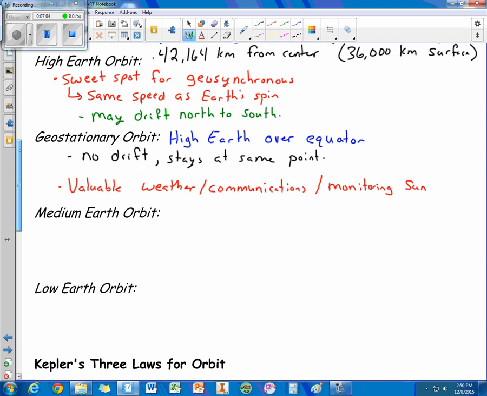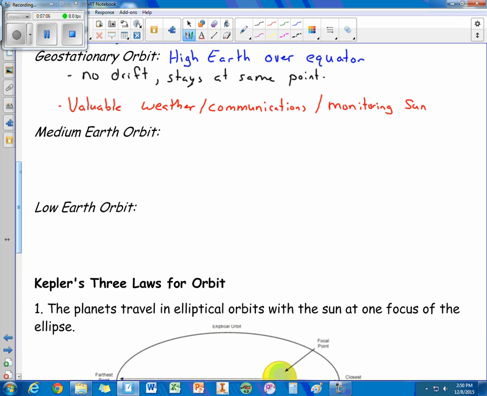All right, medium Earth orbit. These are at 26,560 kilometers. Again, that's from the center of the Earth, so that would be 20,200 from the surface.